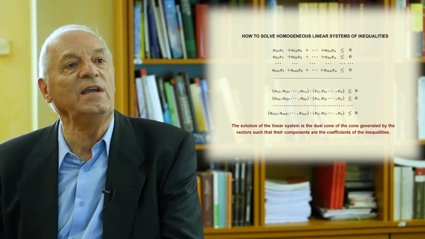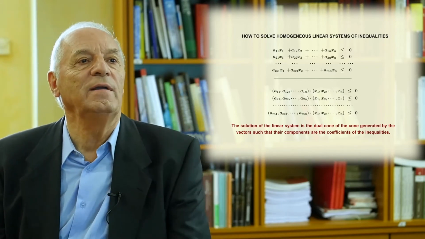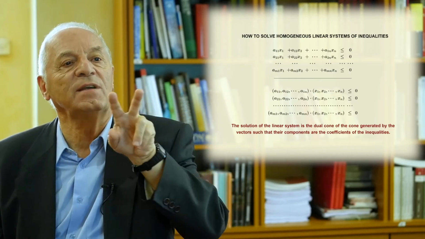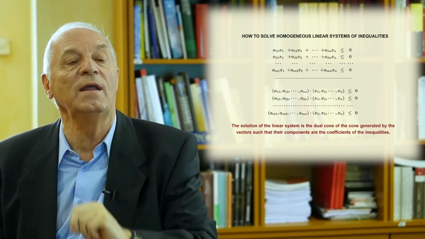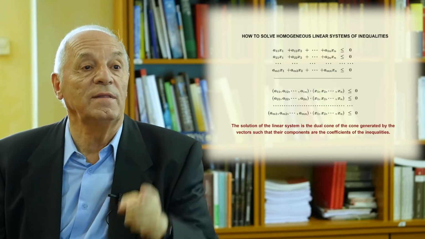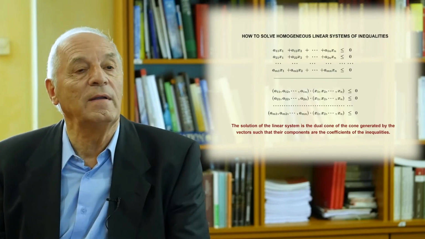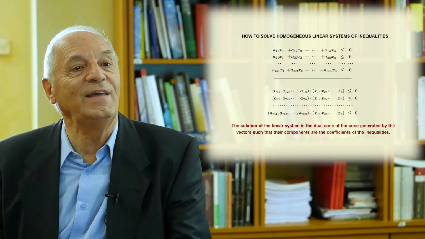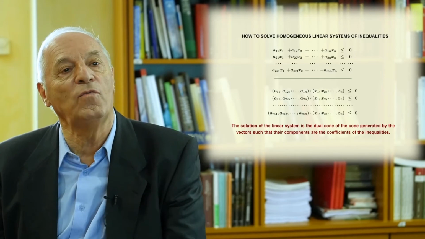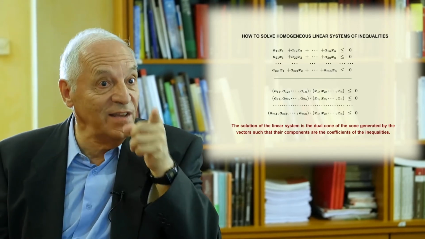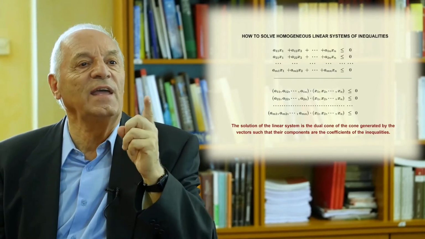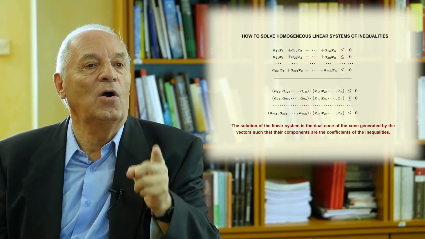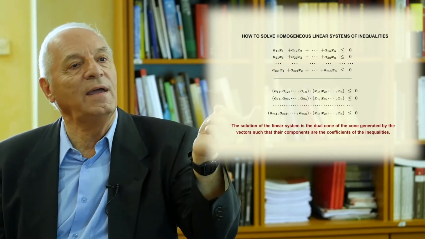The idea is to see that the first inequality is the dot product of the vector a11 to a1n times the vector of unknowns x1, x2, xn, and that is less or equal to 0. Then we have the dot product, but now it is not equal to 0, it is less or equal to 0. And the definition of dual cone is precisely this.